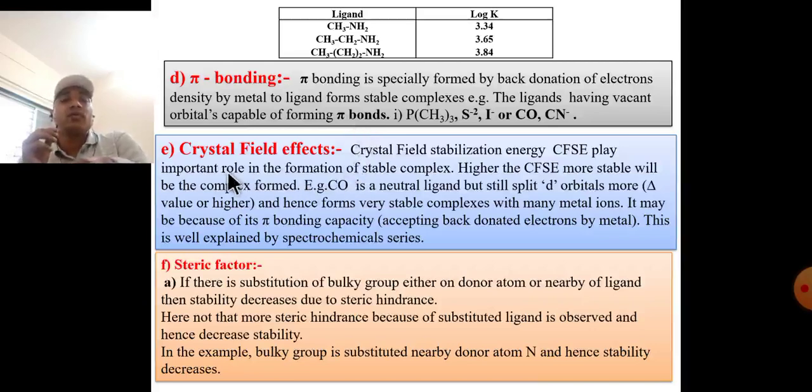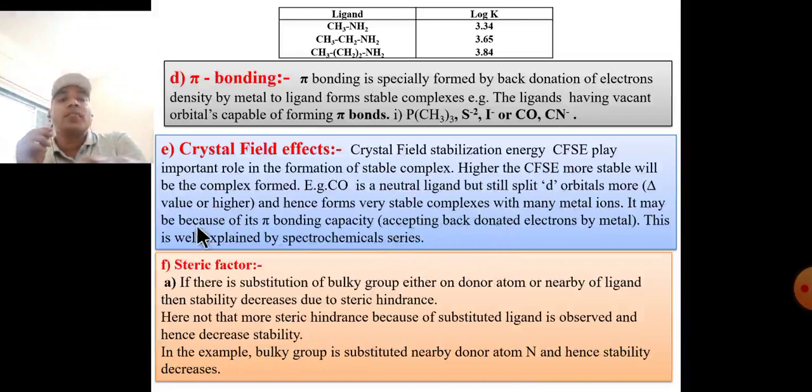Third, crystal field effect. Crystal field stabilization energy plays an important role in the formation of stable complexes. The higher the CFSE, the more stable will be the complex formed. Example, CO is a neutral ligand but still splits the d orbital more, delta value is higher, and hence it forms very stable complexes with many metals.